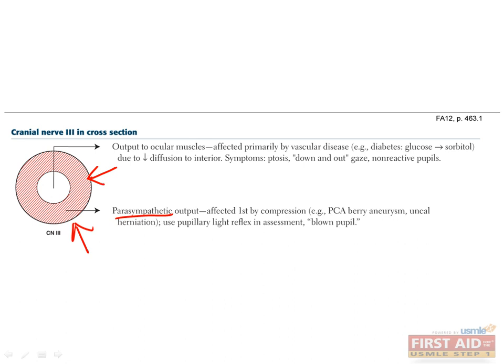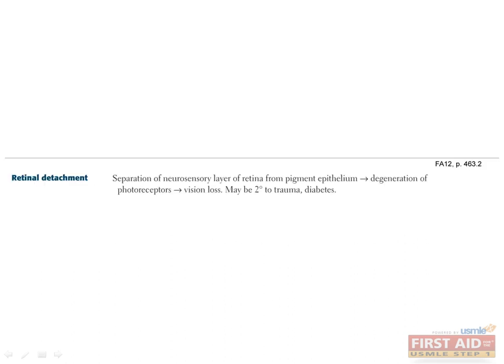Clinically, you'll see a blown pupil that won't constrict to light. Things that might cause this are berry aneurysms and increased intracranial pressure. On the other hand, extraocular muscle output is most affected by metabolic and ischemic causes, such as diabetes or hypertension, because of decreased diffusion of nutrients to the interior.